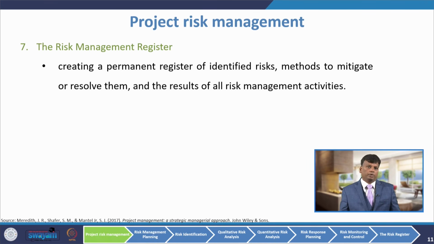Another step is the risk register. Here, we create a permanent register of identified risks, methods to mitigate and resolve them, and the results of all risk management activities. So, 6 plus 1, there are 7 steps for managing project risk.